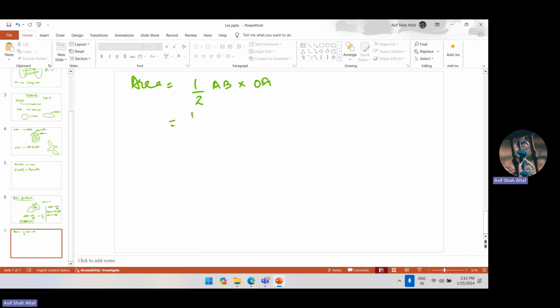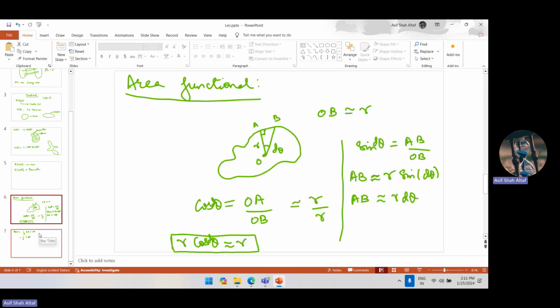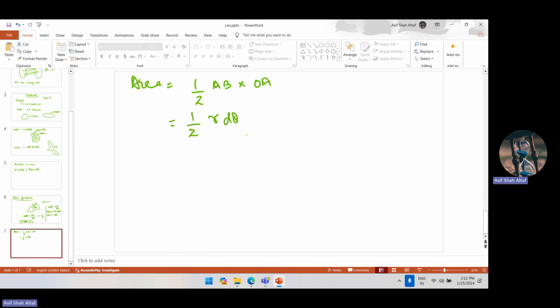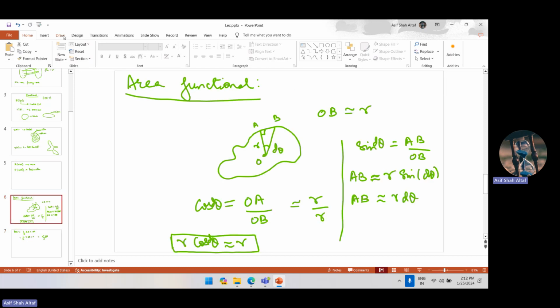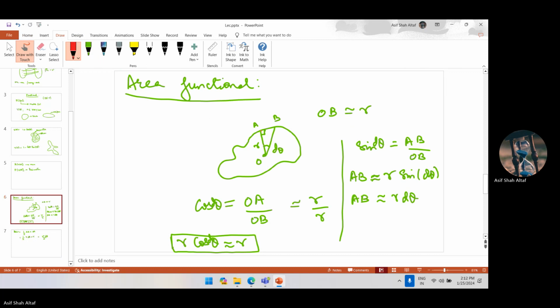And AB will be R d theta, and OA is going to be R. So what we will get is R square d theta by 2. Now this is the area of this small triangle here. I shade it. So this is the area of this small triangle.